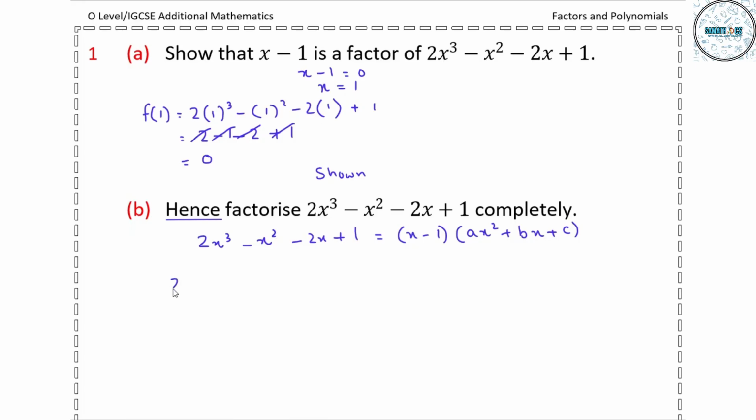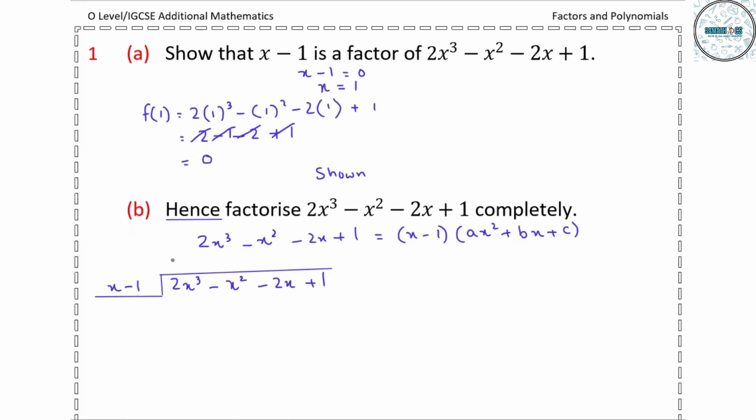If we divide 2x cubed minus x squared minus 2x plus 1 by x minus 1, we will get a quadratic factor ax squared plus bx plus c. Here we have x and here we have 2x cubed.